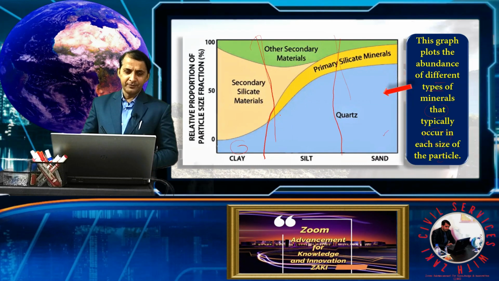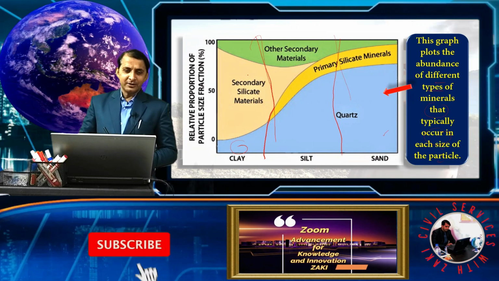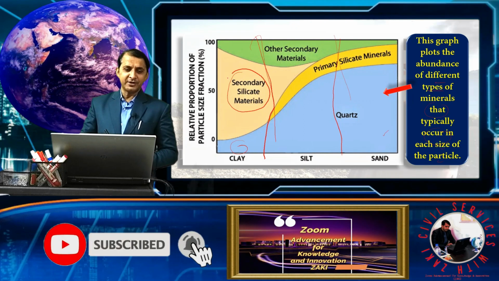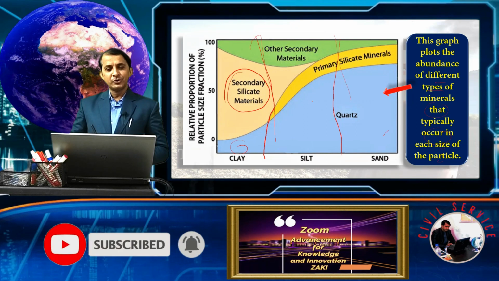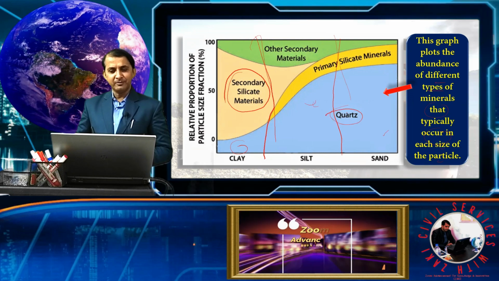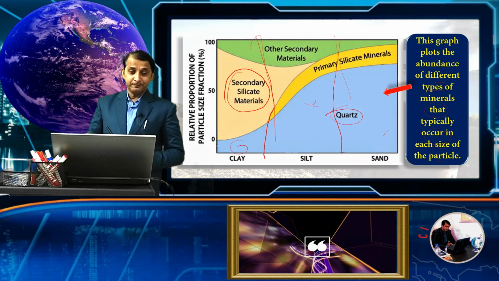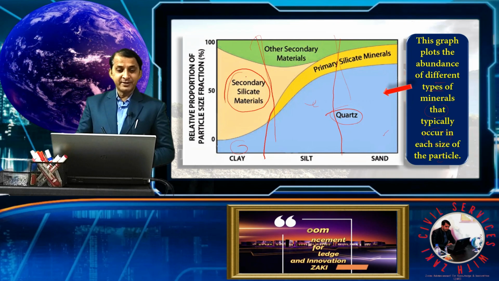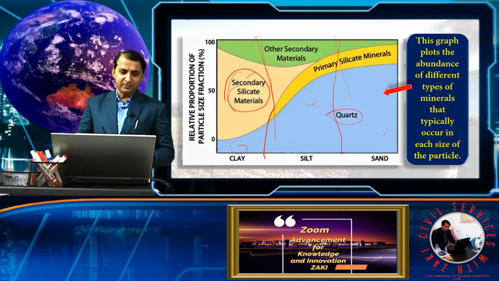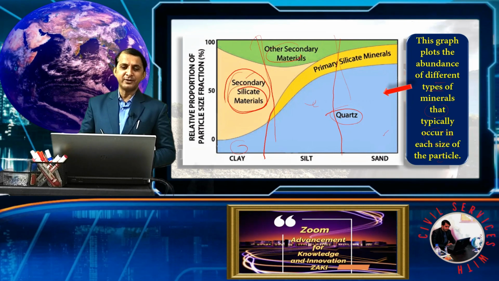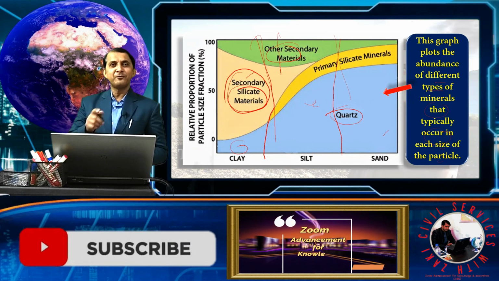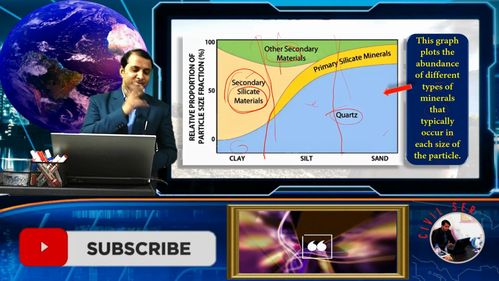We can divide into three types. In clay soil, you can find mostly secondary minerals. It means not the original minerals like quartz, but secondary minerals, whether silicate minerals or other secondary minerals. So in clay you can find only secondary minerals.